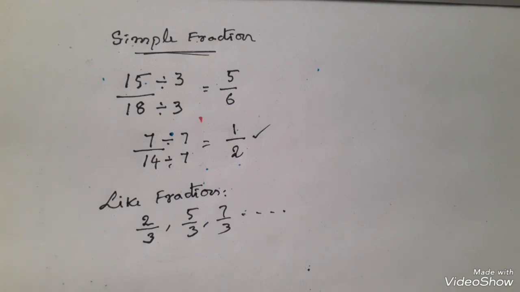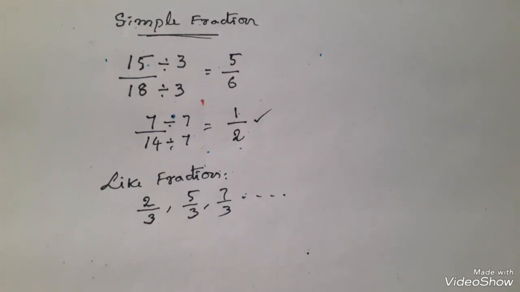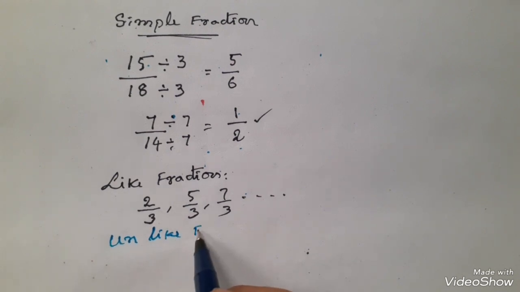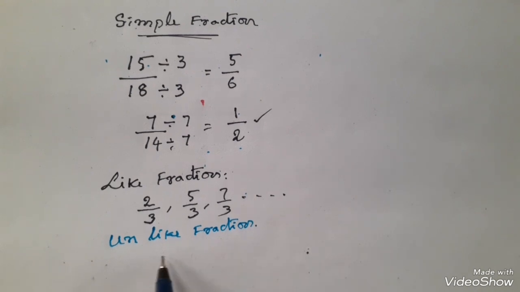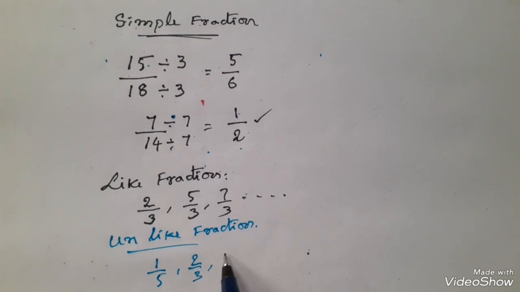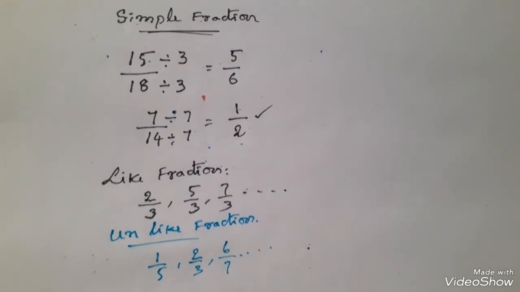Okay. Next, what are unlike fractions? When the denominators are different, they are unlike fractions. Simply 1 by 5, 2 by 3, 6 by 7. These are all unlike fractions.